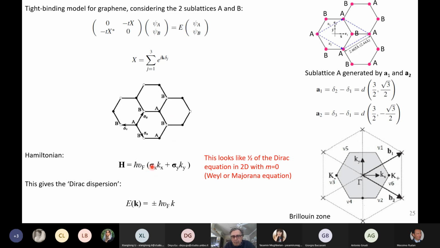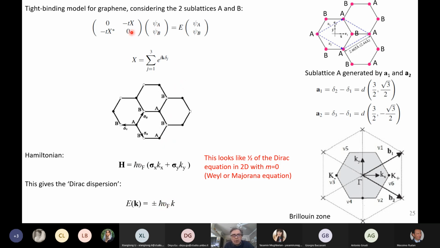The gamma matrices become just the Pauli matrices, and this looks very much like the Hamiltonian for a Dirac particle. If you replace these k vectors with the derivative with respect to x and y, you get exactly the time-independent Dirac equation, which gives you a dispersion, which is the usual Dirac cone. So it's exactly like light, except the speed of light is replaced by what's called the Fermi velocity. So it's a different slope.